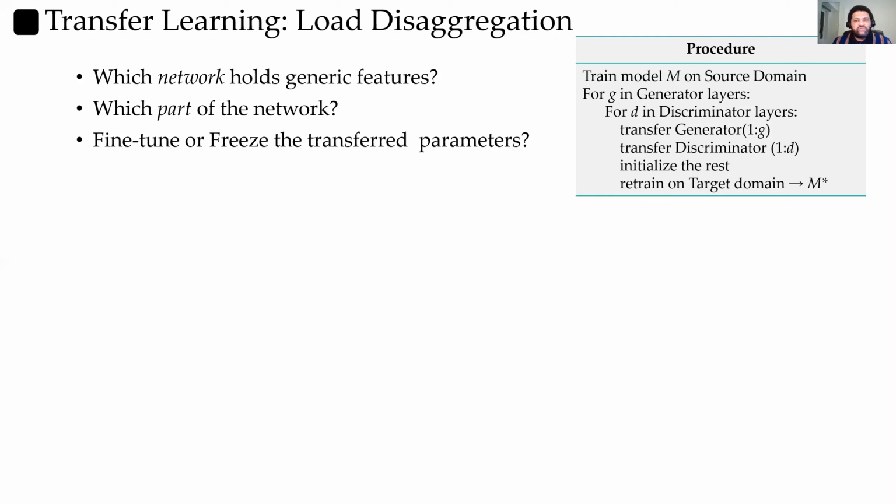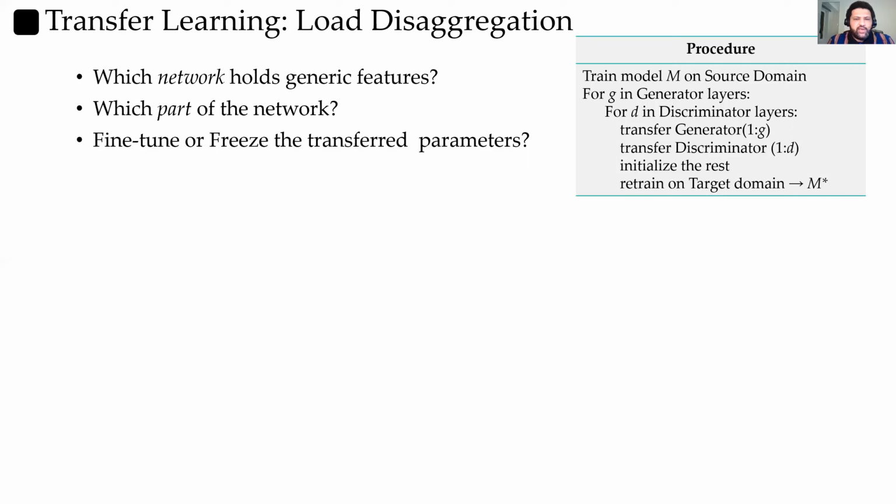Then we retrain this modified model on the target domain data, which is limited, one time by fine-tuning and another time by freezing the parameters. Each combination of these options produces a retrained model, M star, for which we calculated the performance on the target data based on F1 score.